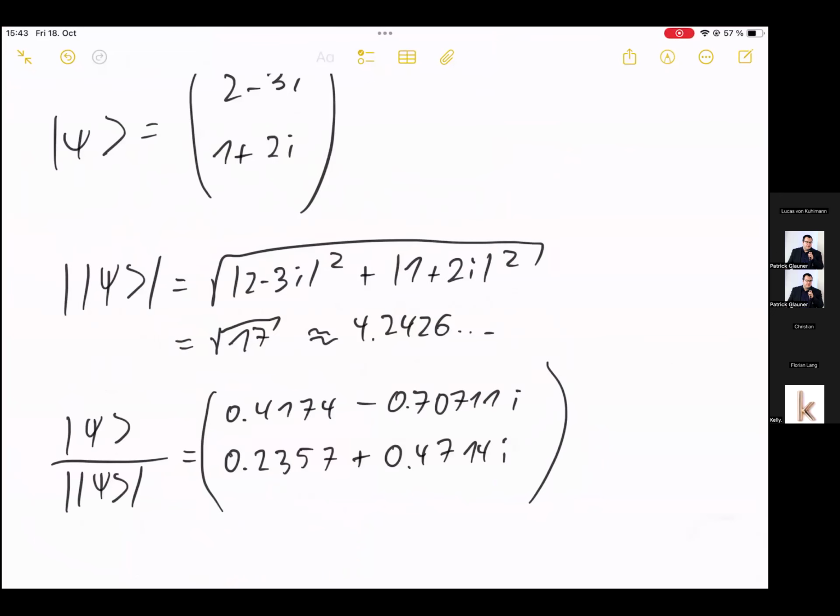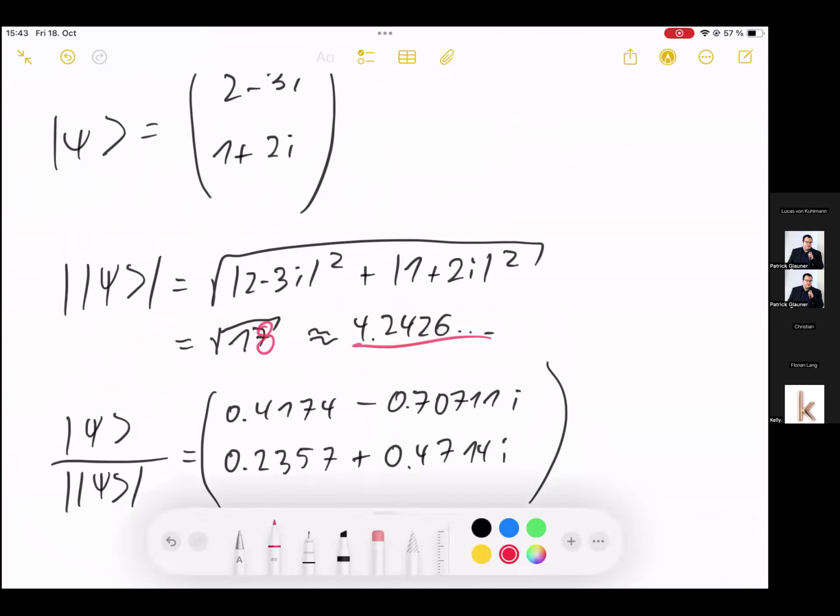So we'll fix this. This number here was correct because this was the one from my slides. And all these numbers here were also from my slides. Just the 17 was wrong, but I've worked with the 18 in the remainder of the slides.